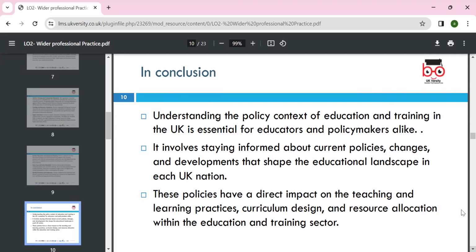It involves staying informed about current policies, changes, and developments that shape education. Of course, now we have T levels, and in education we should be aware of what new teaching frameworks are coming, and we need to make policies for curriculum, resource allocation, and training. Yes, because the government is emphasizing training and funding more.